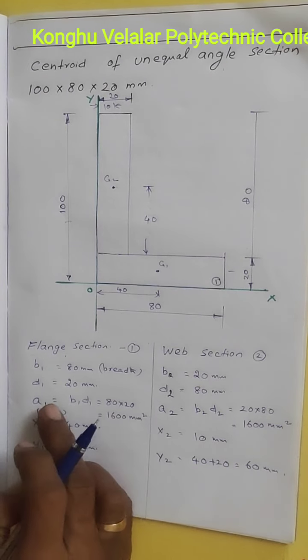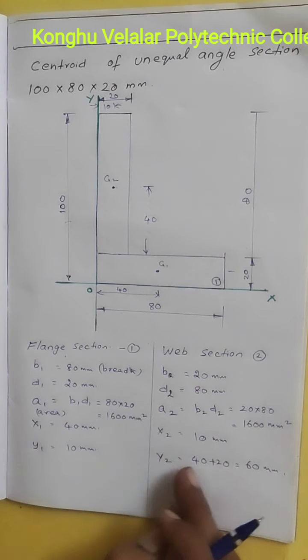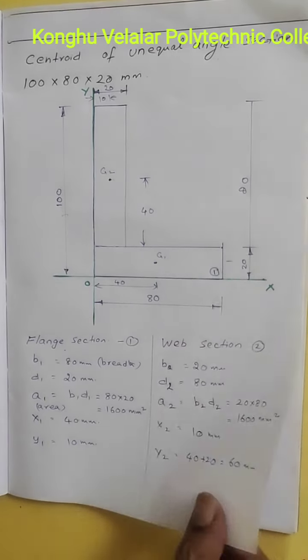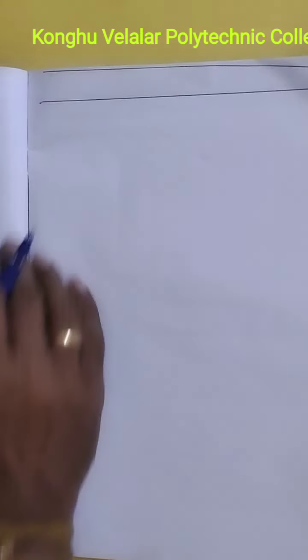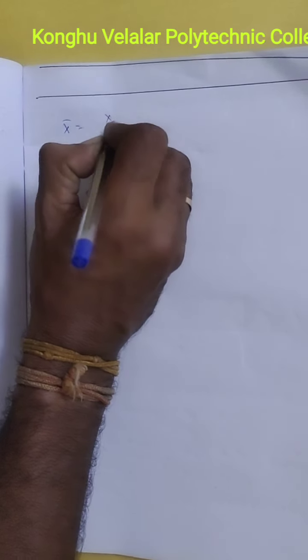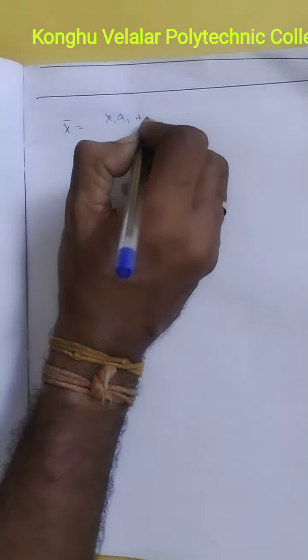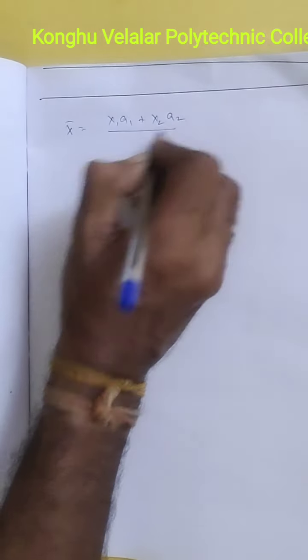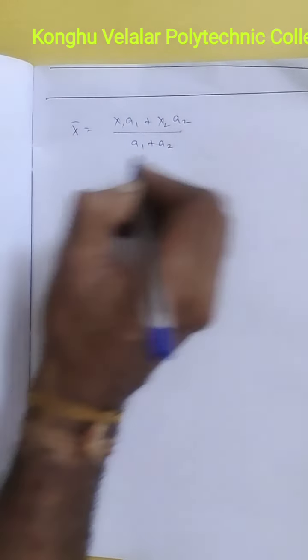Now we know A1, A2, x1, x2, y1, y2. We can directly apply them in the formula. X bar is equal to x1 A1 plus x2 A2 divided by A1 plus A2.